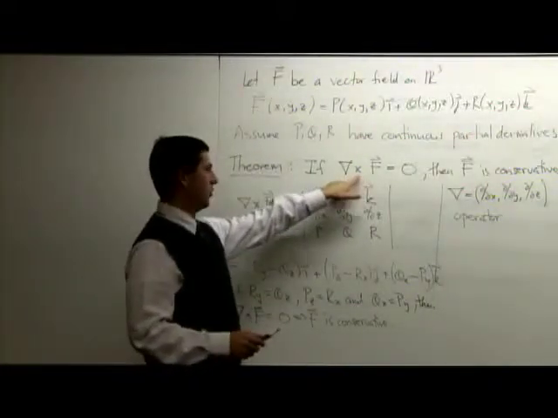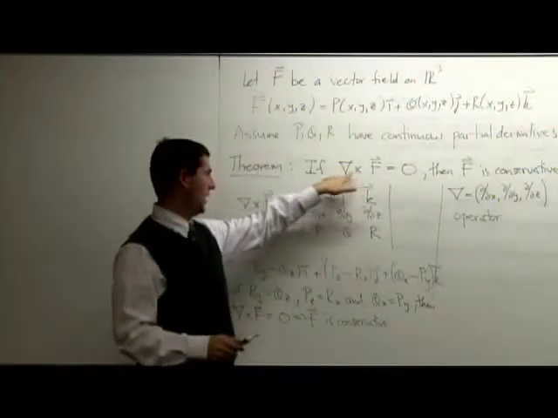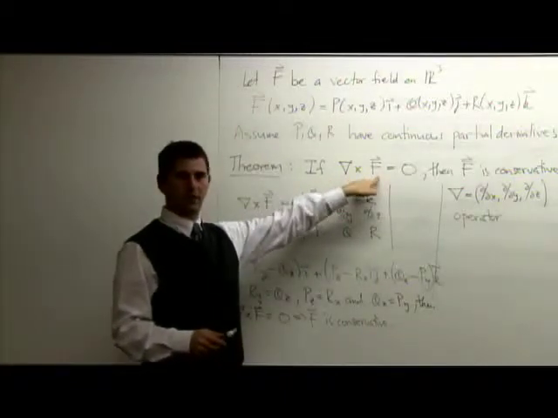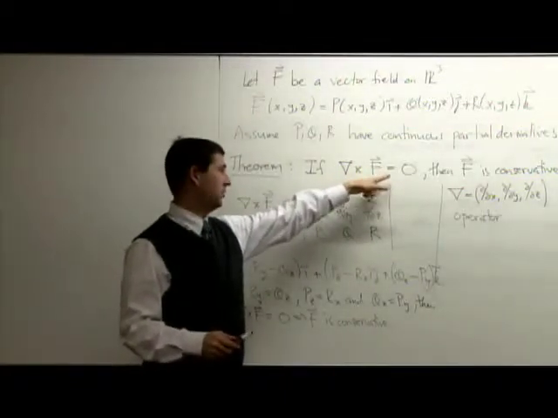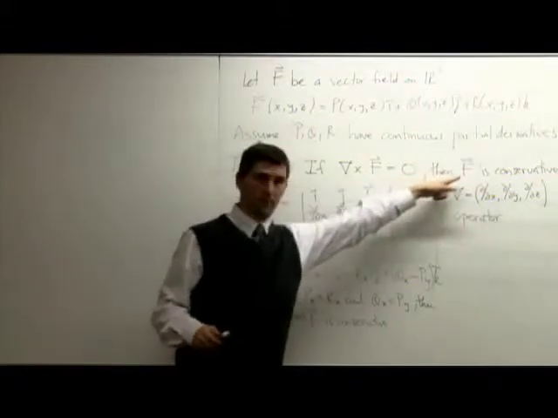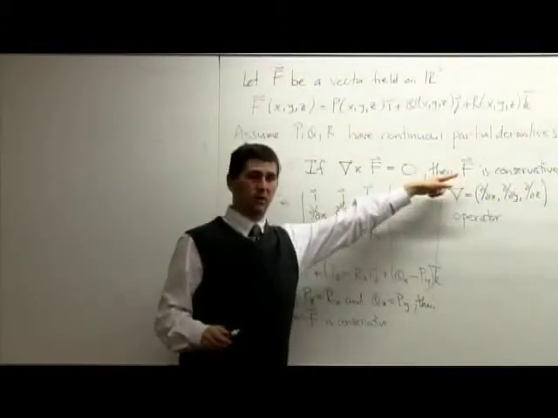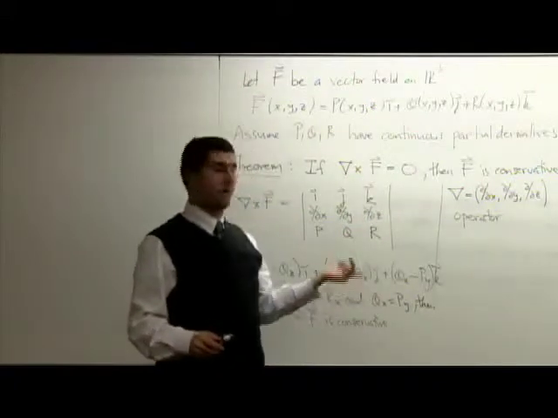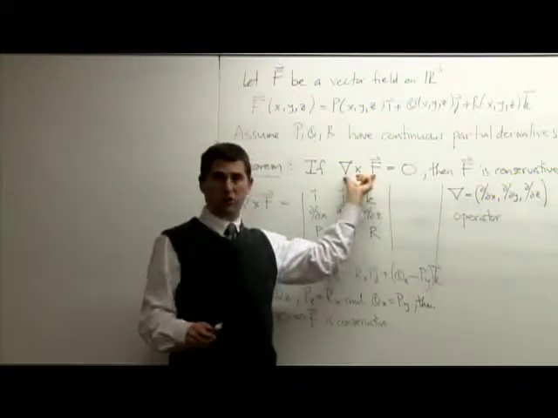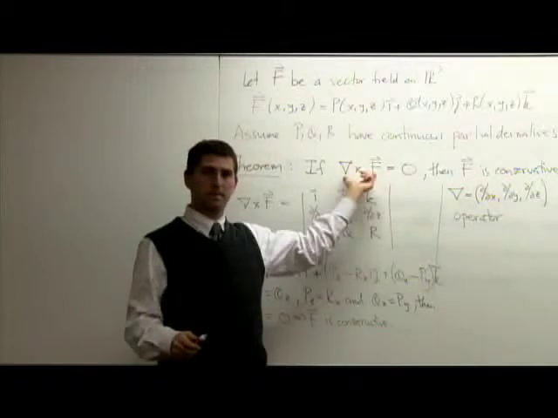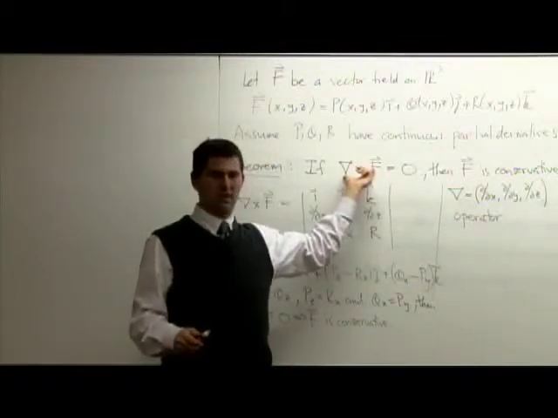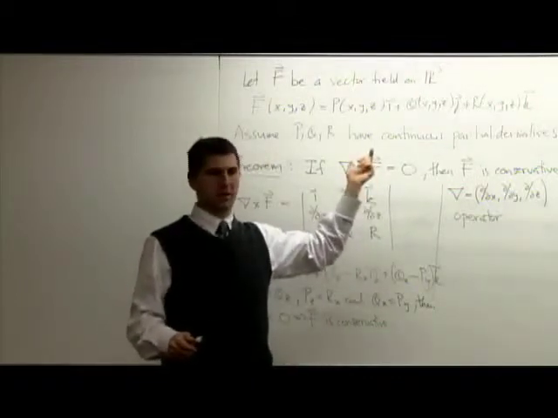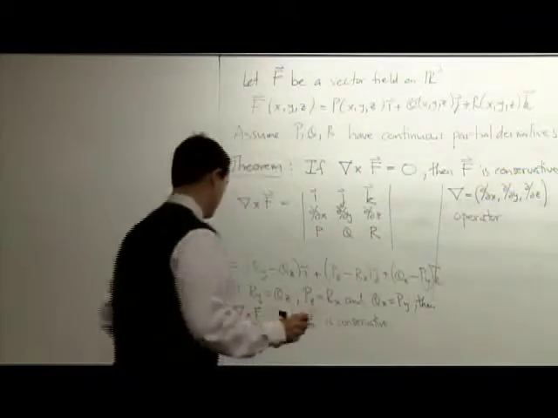So it turns out that this construction, taking the gradient cross product with a vector field, well, it's certainly important in the sense if you're trying to see if the vector field is conservative. But it might not be conservative. But it turns out this is still an important construction even when it's not a conservative vector field. And it's so important that mathematicians give it a name. Well, mathematicians probably didn't give it a name. Physicists probably gave it a name.